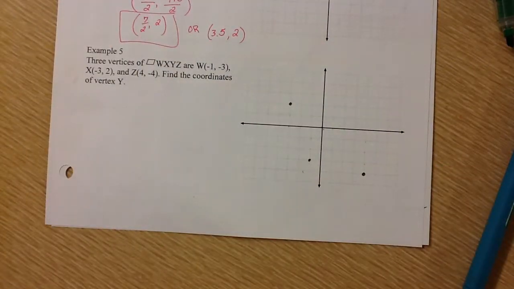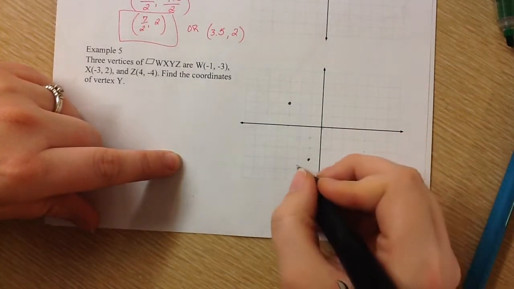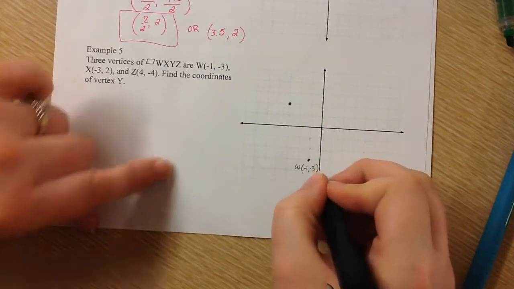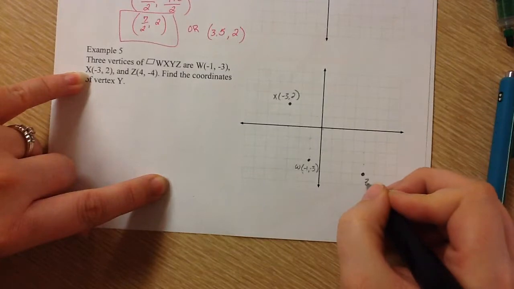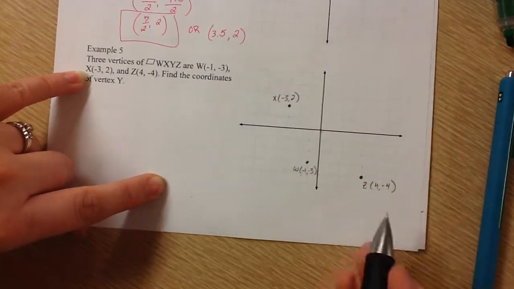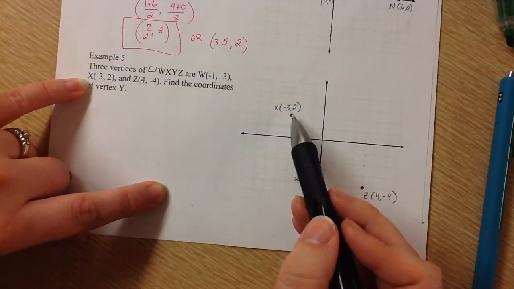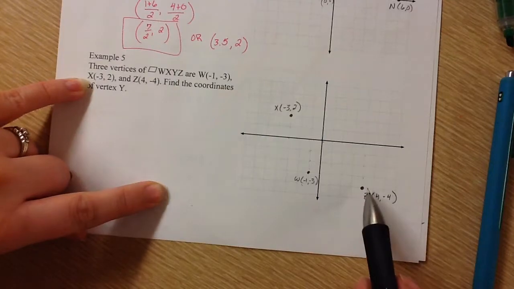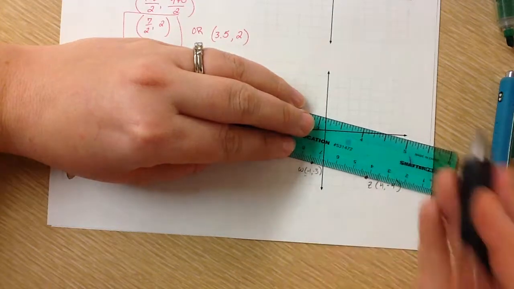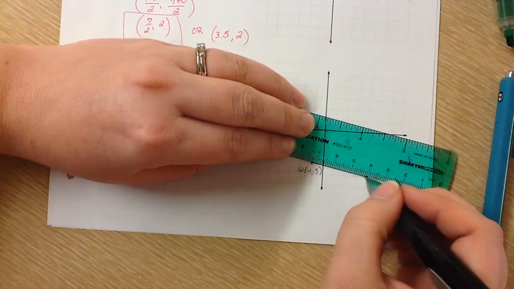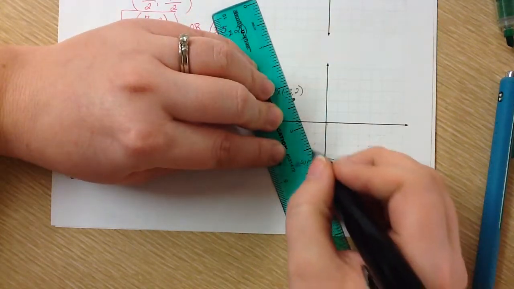Okay, so we want to find the coordinates of Y. So this one goes W, X, Y, Z. W is (-1, 3), X is (-3, 2), and Z is (4, -4). So we need to find Y, and it goes W, X, Y, Z. So there's some Y over here, and Z. Okay, so we know that we have W to X and W to Z. We need to figure out where Y is.